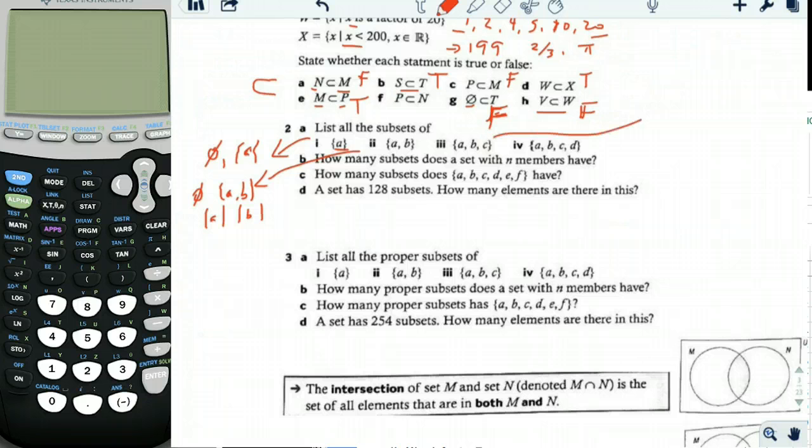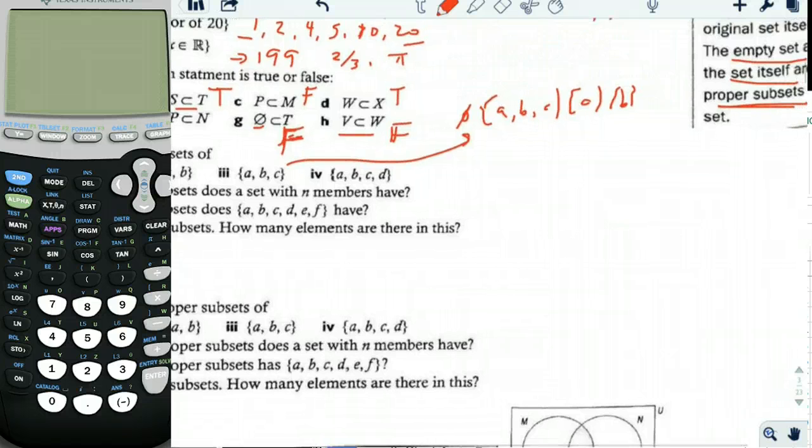And then ABC, that would be the empty set, the set itself, ABC, and then also A, B, and C. And it would also be A, B, and B, C, and A, C.